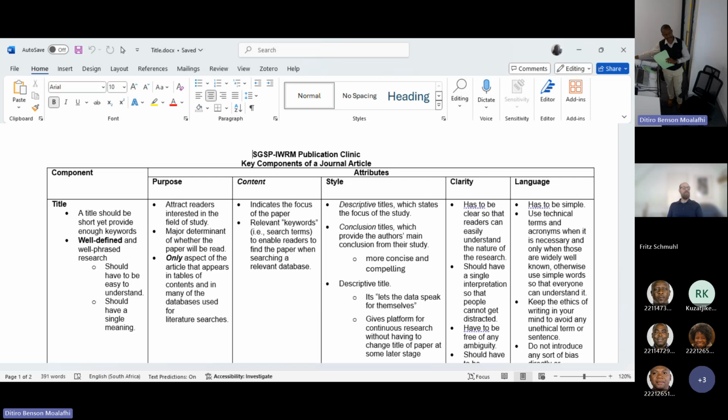I think this has been really a well-rounded publication clinic, not just on the logical manuscript structure and developing the manuscript, but also on all other related issues, publication ethics, publication strategies, and so on, which after this, I think we should be seeing, especially our PhD candidates, progressing accordingly, and we will always be available to offer assistance after this. Now, the main elements of the title, as we indicated, I'm just going to briefly go through them.